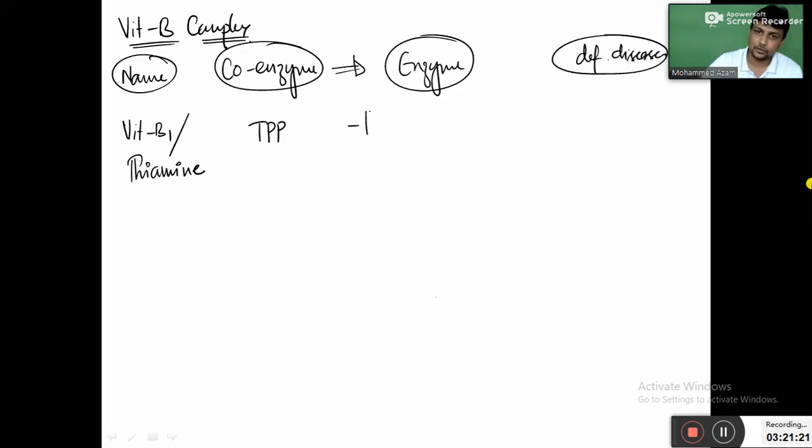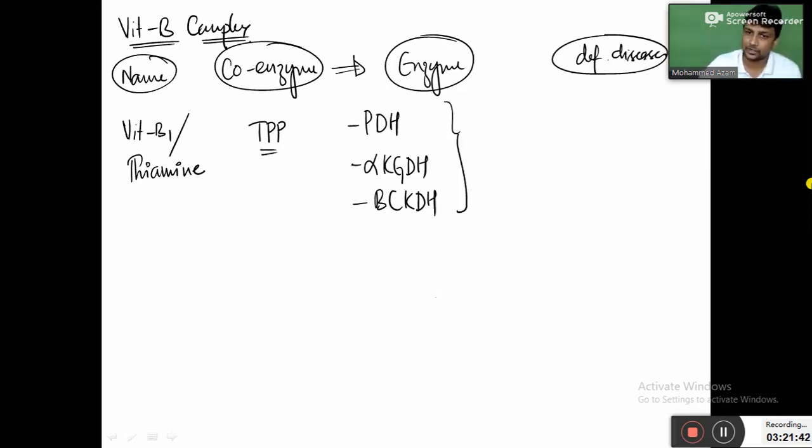Number one, it is required for pyruvate dehydrogenase. Number two, alpha ketoglutarate dehydrogenase. Number three, today only we learned branched chain ketoacid dehydrogenase. Sir, why do you need this TPP for these three?